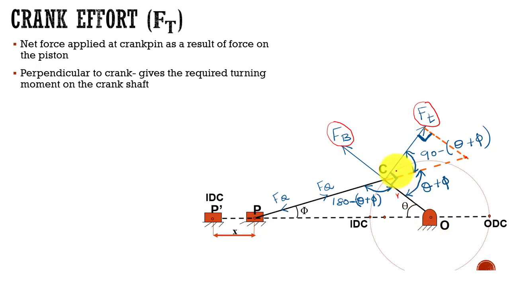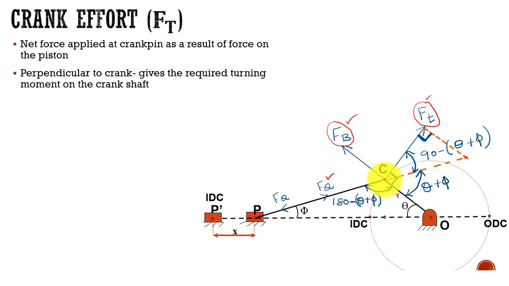So the forces are FT, FP, and FQ. There are three forces. One is FT, which is perpendicular to the crank, one is FP, which is along the direction of the crank, and another is the force acting along the direction of the connecting rod length, that is FQ. So there are three forces at this point C.